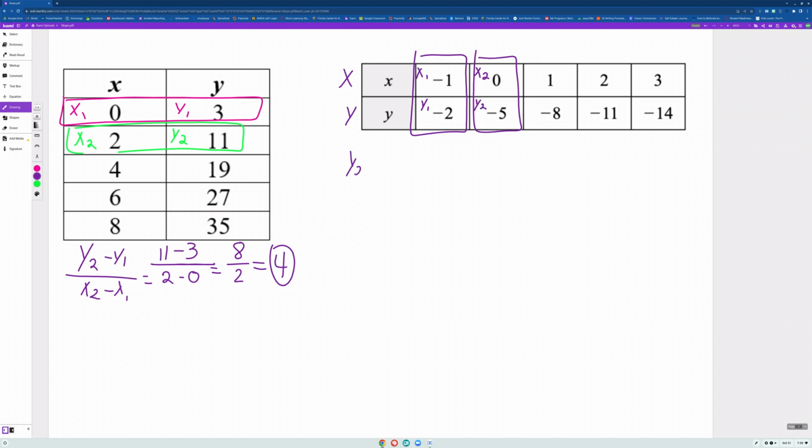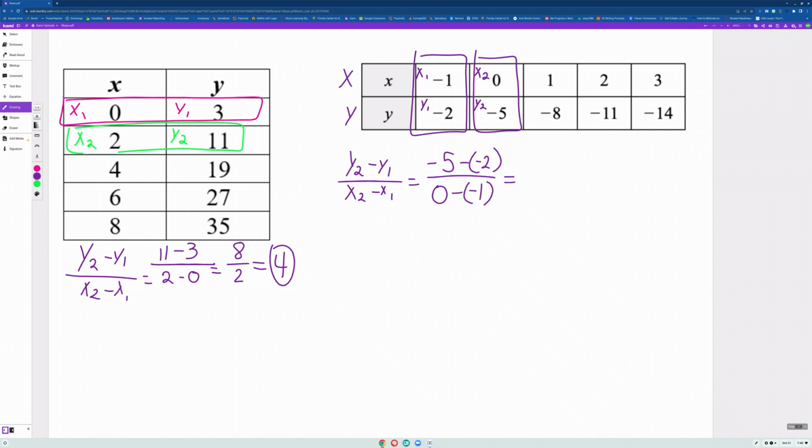So just writing your equation for slope one more time, my formula. And now plugging in my values. My y2 I said was -5. My y1 is a -2, so I'm making sure that I include those parentheses. My x2 is a 0 minus my x1, a -1.